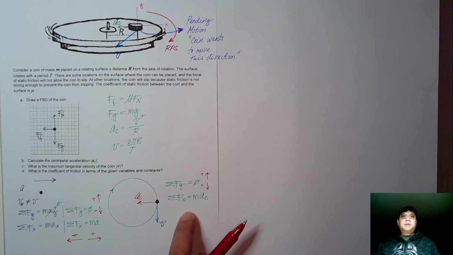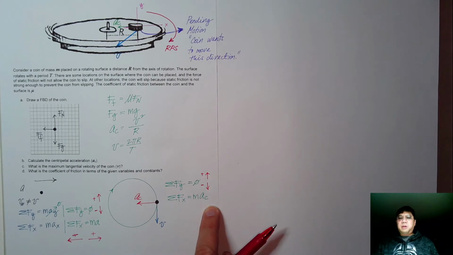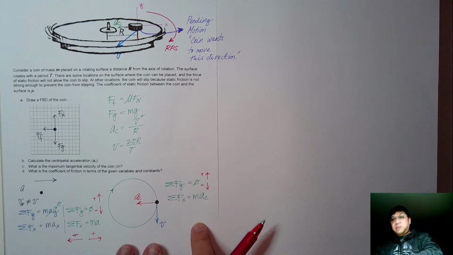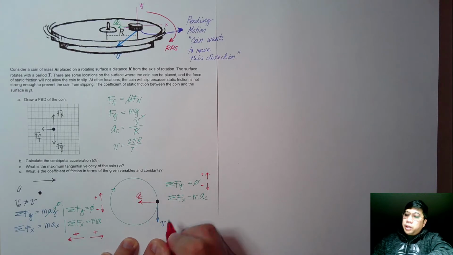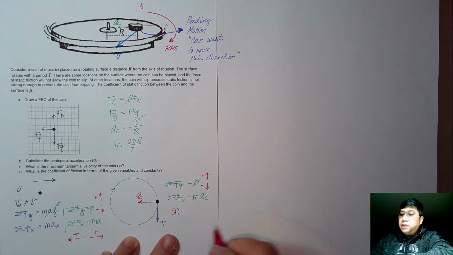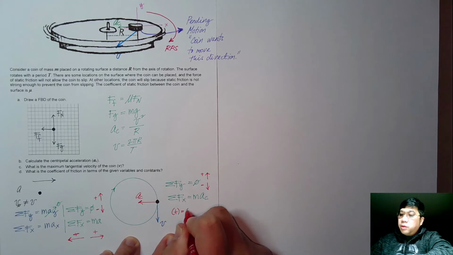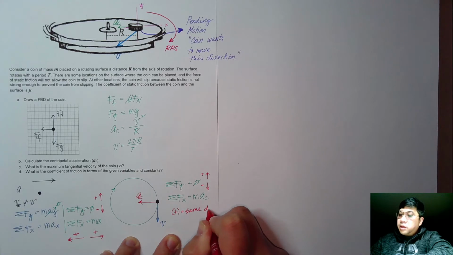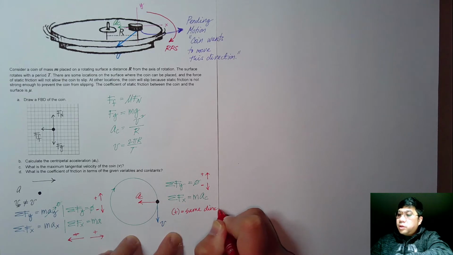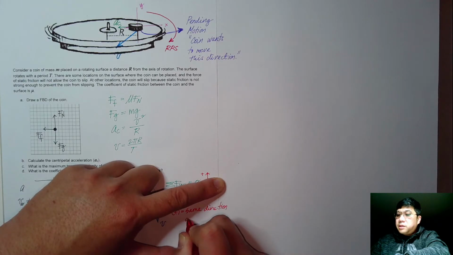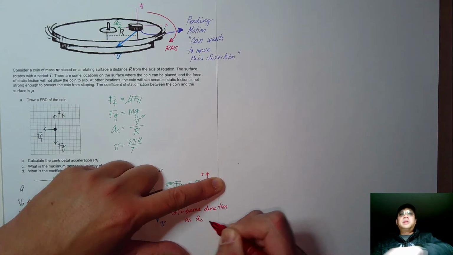Summation of forces along x. So you would say, oh, negative to the left, positive to the right. Here in our case, it's different. We can say it's positive if it's the same direction as centripetal acceleration. So let me just write it down: same direction as centripetal acceleration.